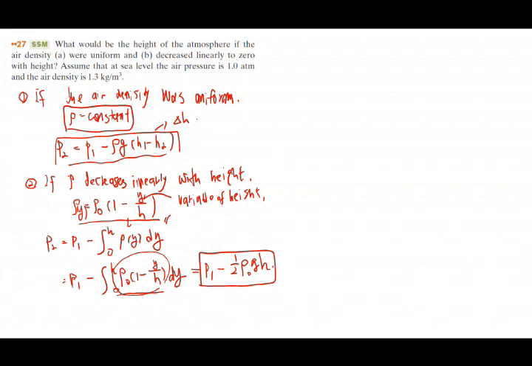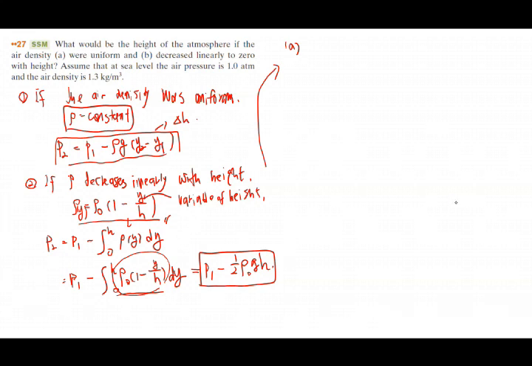Now let's solve the first one with the first condition. All you need is to plug the numbers into this formula. Oh, sorry, this one is y2 and y1. So it should be the variable at the two different points, y2 minus y1.